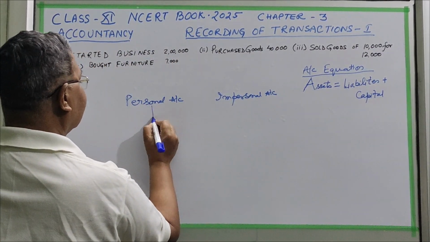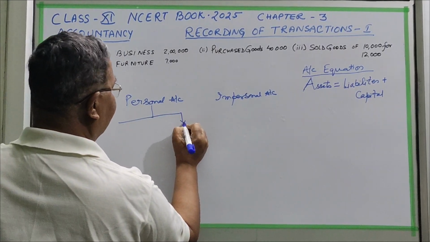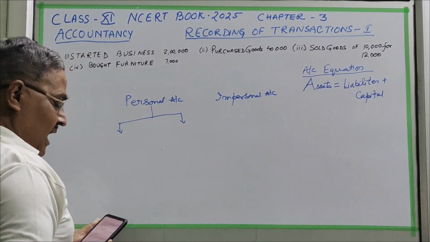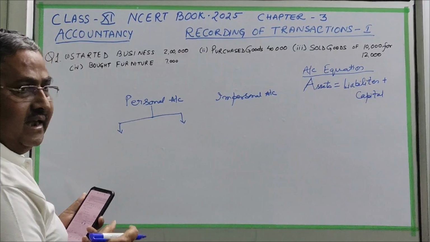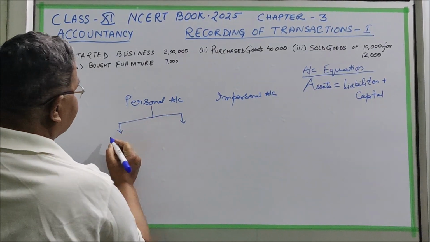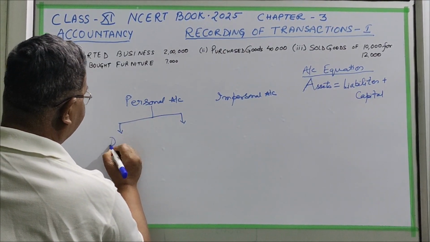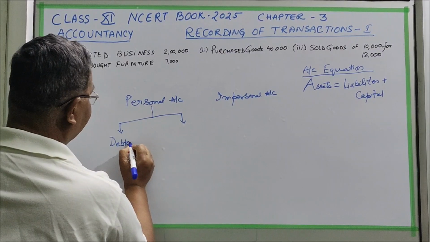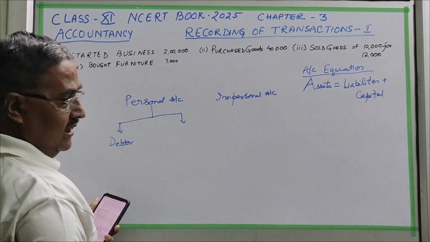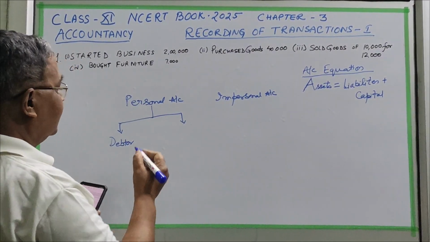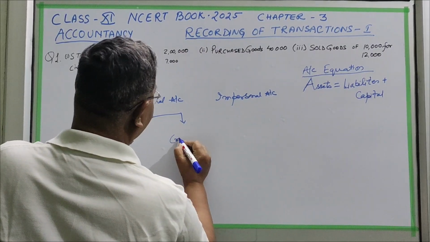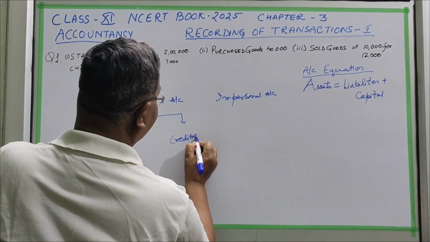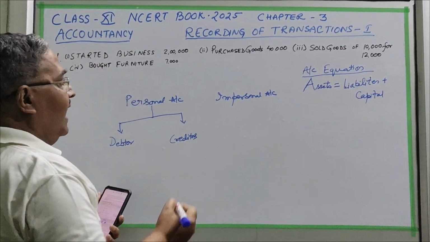Personal account means of any person, company, partnership firm, anyone. These personal accounts can be either our debtors, persons who will be paying to us, or our creditors who will be taking money from us.